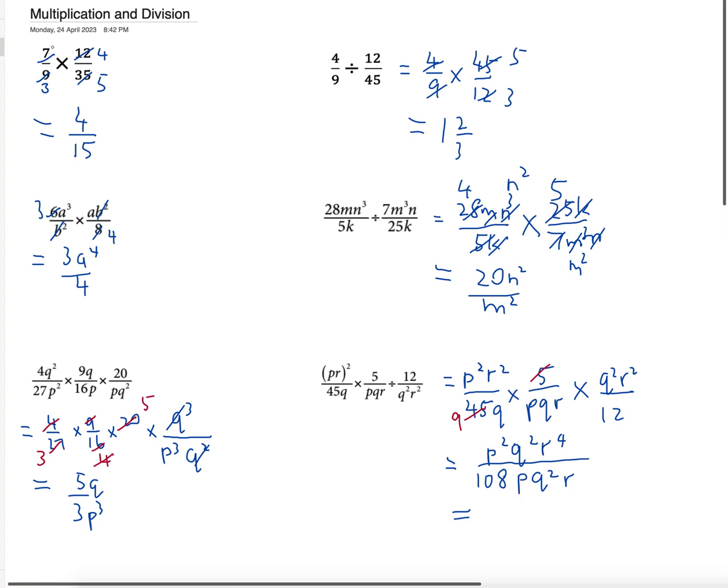So we can cancel easier. Right, this is P left, this cancels away, and R cubed. Okay, so what is left is P R cubed over 108.